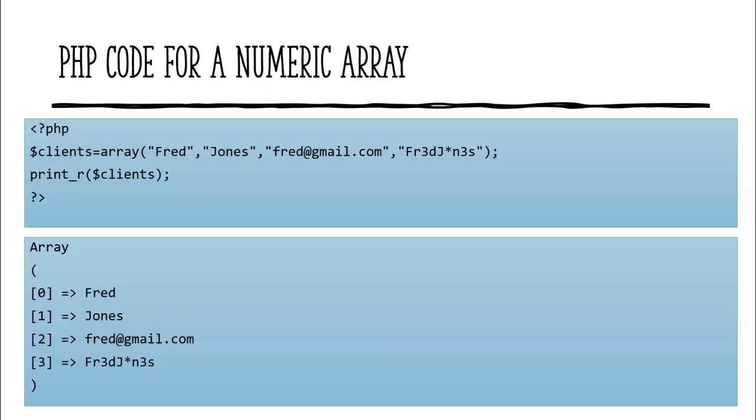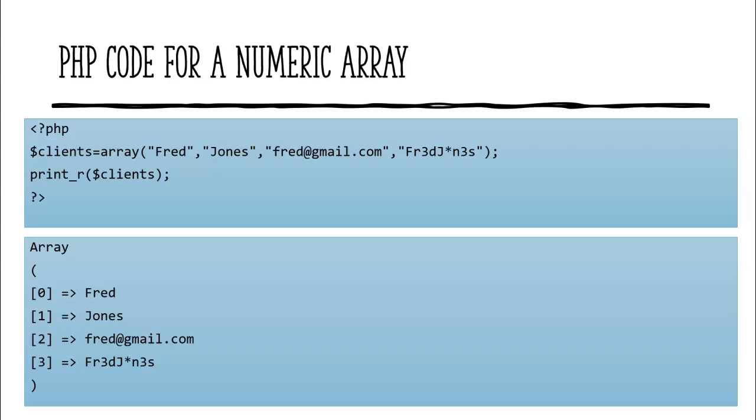This is an example of PHP code for a numeric array. The array is given a variable name, which in this case is clients, and each value of the array is assigned to that client's name.